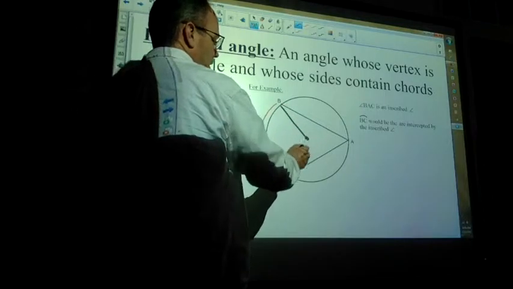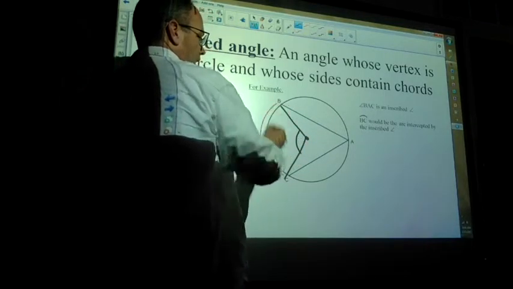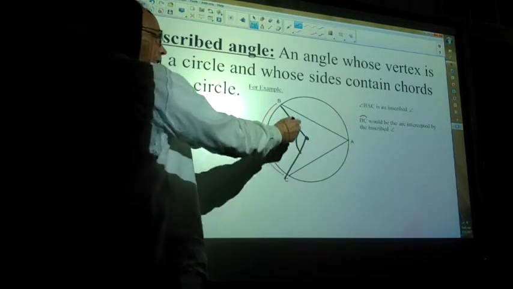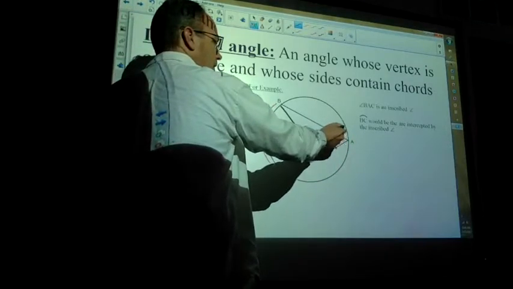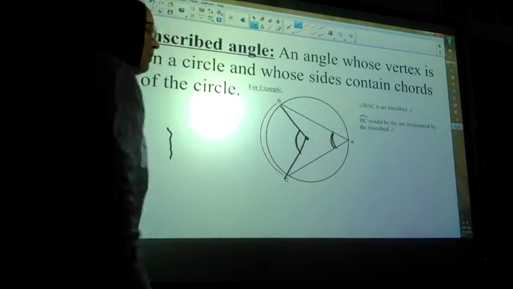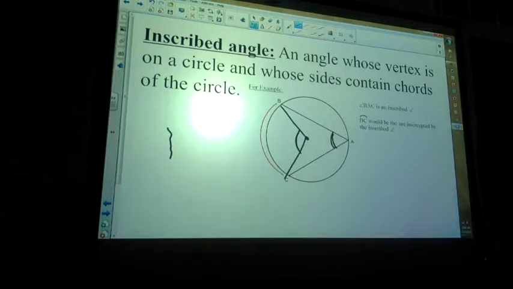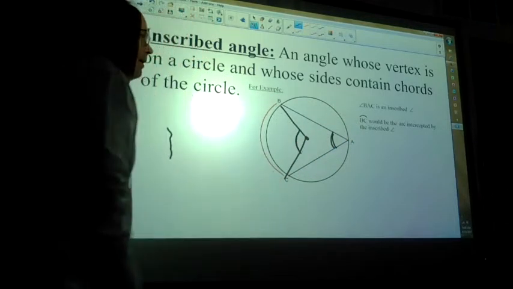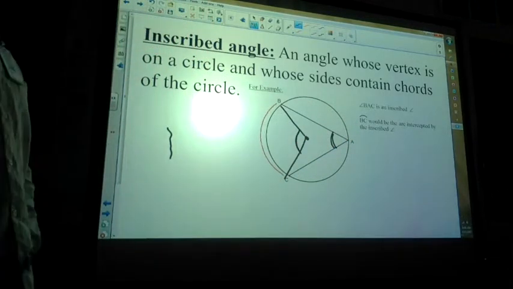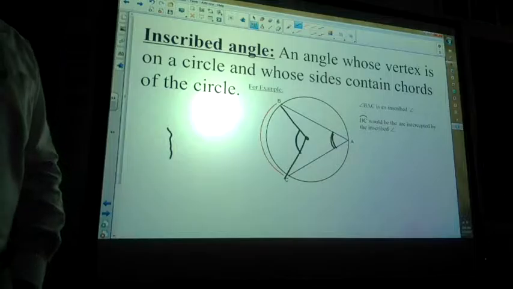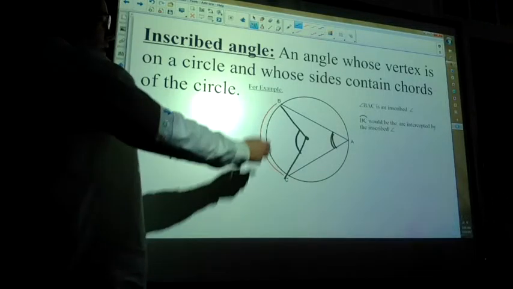Can everyone see that this angle here and this angle here are not the same? Okay, so BAC is an inscribed angle, meaning it's part of the circle where the vertex lays on the circle. BC would be the intercepted arc.